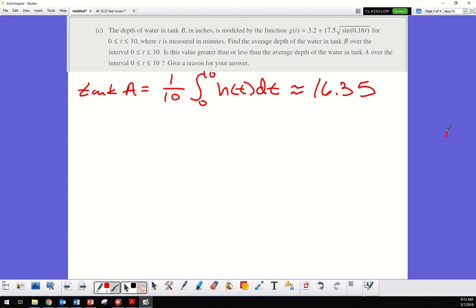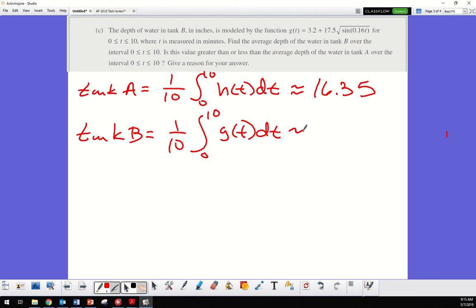And now tank B: the integral of g of t dt. All right, this is number 1, isn't it? What do we know about number 1?